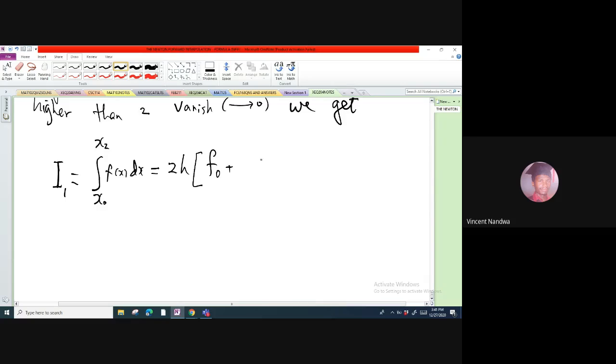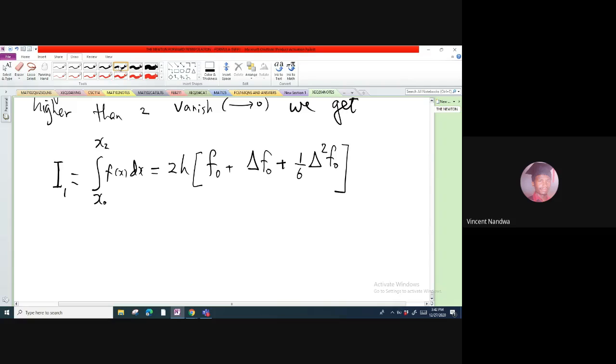f0 plus 1 over 6, so this will give us h over 3 when you simplify, into f0 plus, or let's just simplify together here for you to see what is happening.